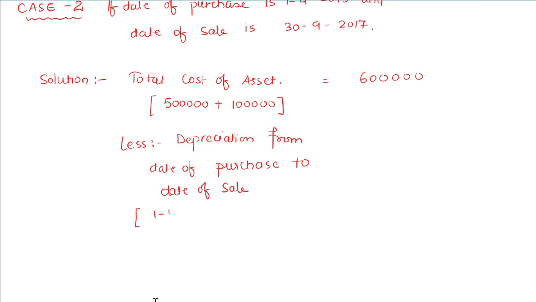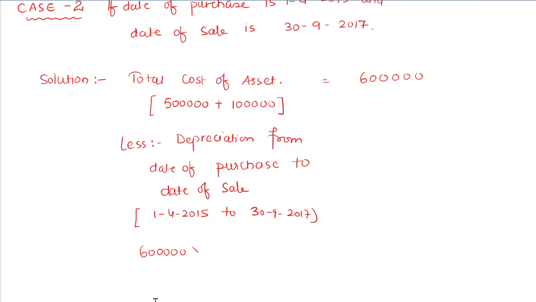So this would be 1st of April 2015 to 30th of September 2017. It is 30 months. So for 30 months we need to do the calculation.